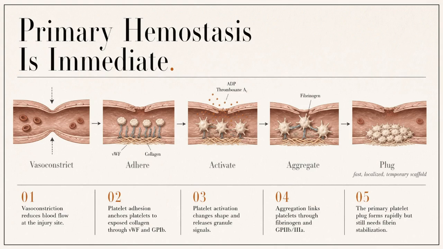This initial plug is effective for minor injuries, but it's not very strong on its own. It needs reinforcement to withstand blood pressure. Think of it as the first line of defense, a quick seal before the more robust repair can begin. Next, we'll see how secondary hemostasis provides that crucial reinforcement.